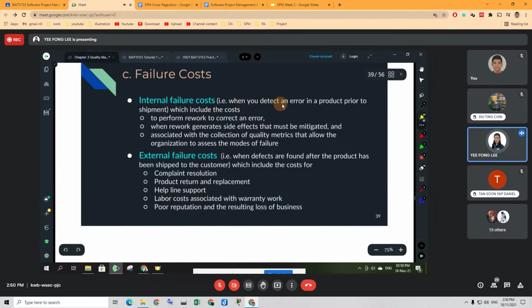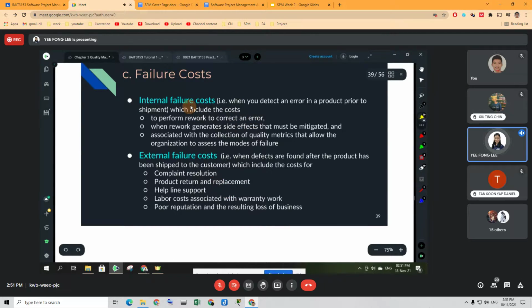Internal is when you detect an error in the product prior to shipment, meaning before you send it out. External failure costs are when the product has been shipped out to the customer. So you can see before and also after.